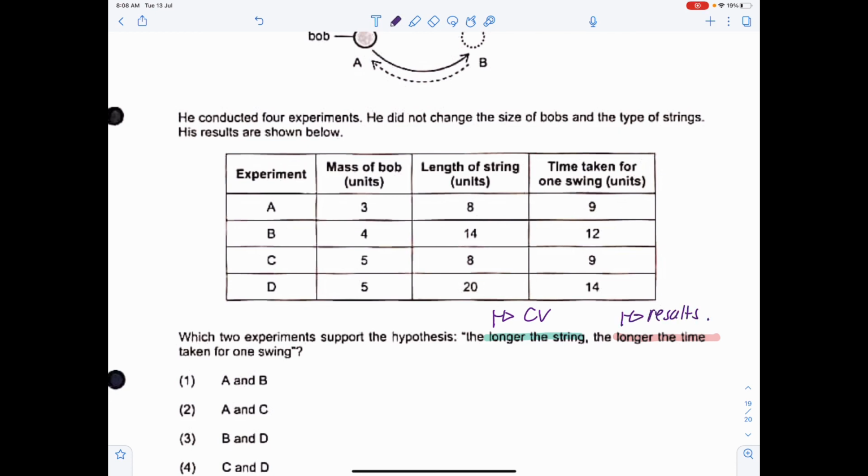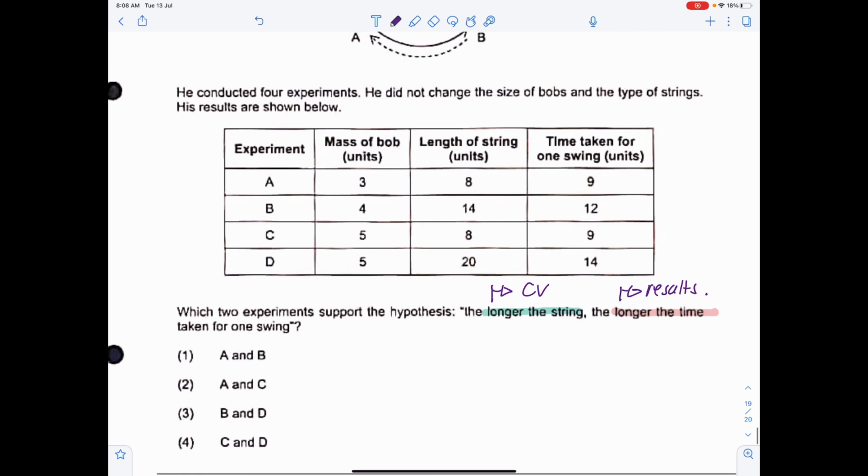Now, take note that your results basically should not be restricted, because your results is actually an outcome due to your experiment. You cannot keep it fixed. While they always say that there should only be one change variable, your results is not a variable, it's an outcome. Sometimes students go, oh, the results must be the same, because they consider the results as a variable. No. So support means it must agree.